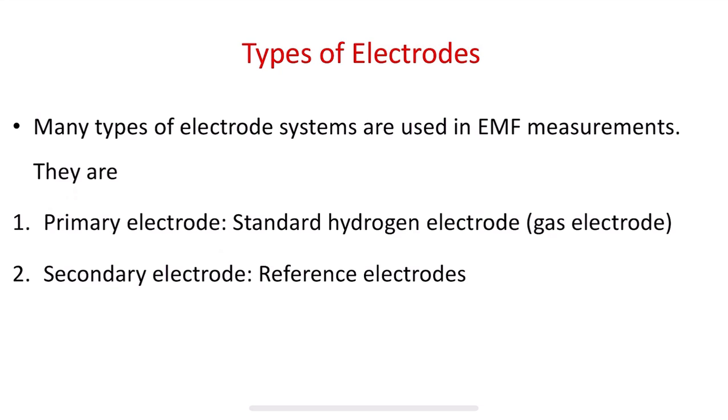One is reference electrodes, for example calomel electrode or silver chloride electrode, and the other is oxidation reduction electrodes, for example quinhydrone electrode or ferrous electrode, that is iron electrode. So these are the different types of electrodes which we are going to use.